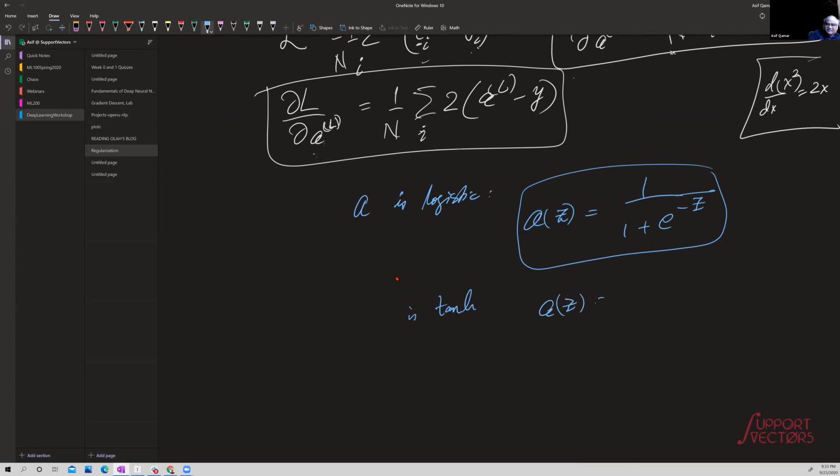A of z is equal to (e to the z minus e to the minus z) over (e to the z plus e to the minus z). And I might have interchanged this term, I always keep messing it up. So beware, right? Take it with caution. So these are examples of activation functions.